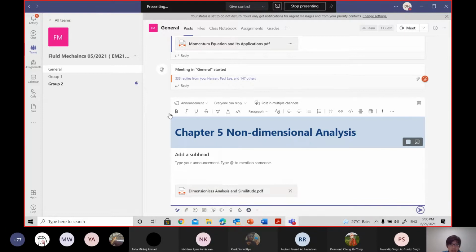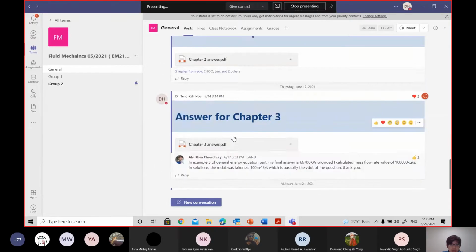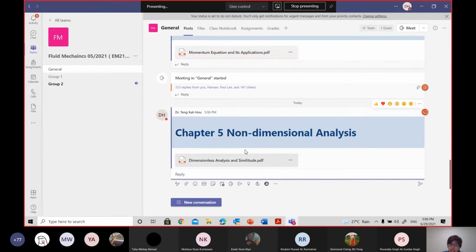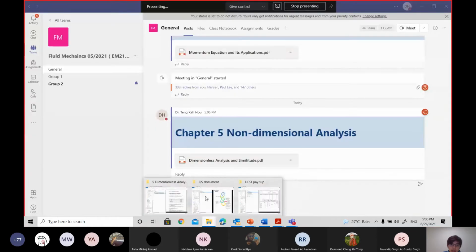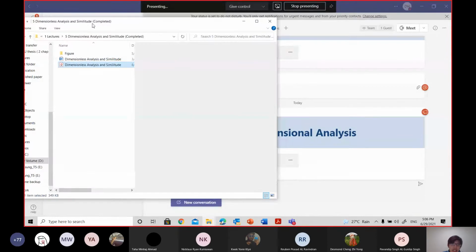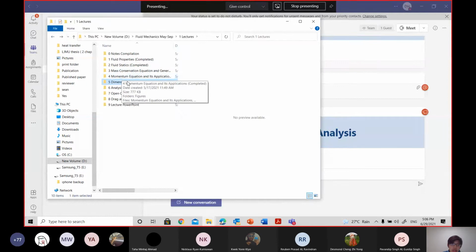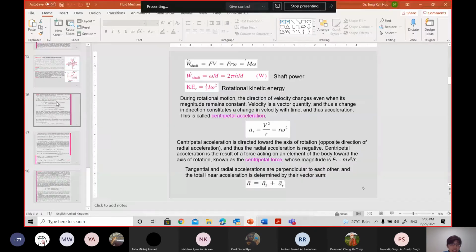So it's there. Just for information, chapter 5 has no slides. I'm going to use only the notes for that. So don't worry if you see in CN there are no slides posted over there, because as I mentioned, the slides are not clear. It's quite complicated for you to understand. So that's the thing.